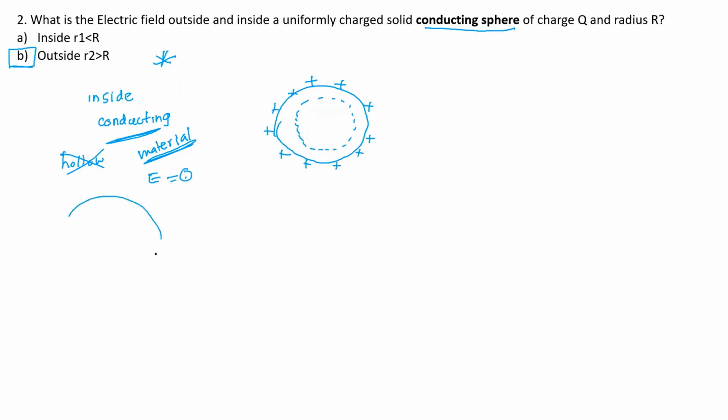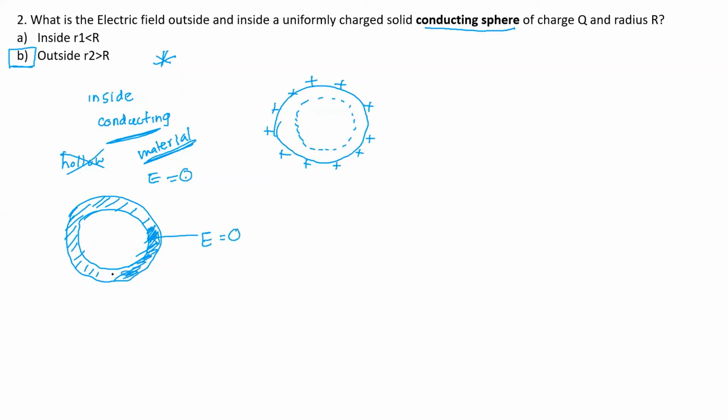For example, let's say we had a conducting shell. Shell means you have conducting material here, and inside is empty. There's nothing inside, right? So the electric field will definitely be zero where the conducting material is.